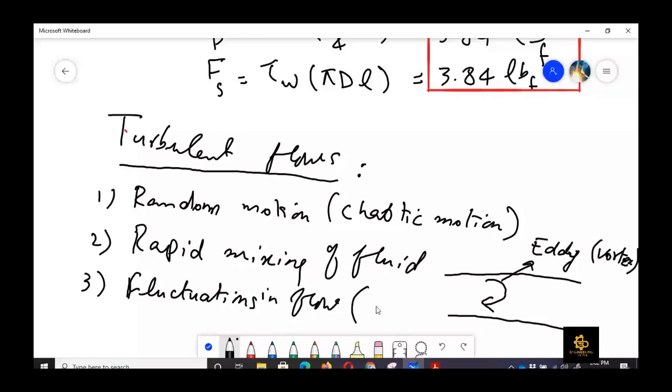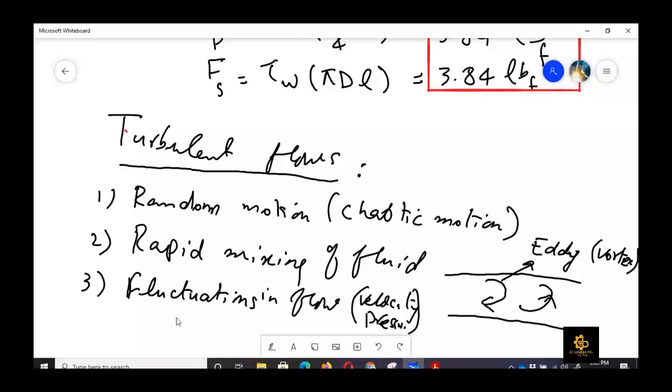Fluctuations mean that velocity and pressure fluctuate. Because the motion is chaotic, it is quite possible that in the same streamline one fluid particle has a very low velocity and another has a very high velocity, because there could be a vortex that takes a very high velocity fluid from the center line to the near wall region where the velocity is low.